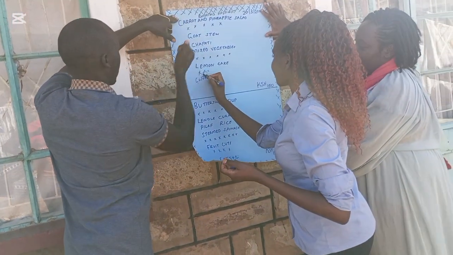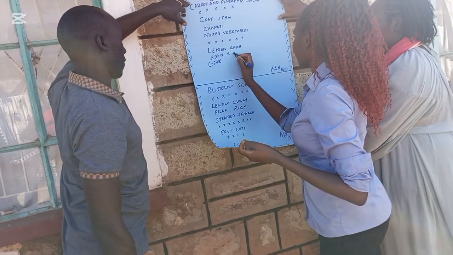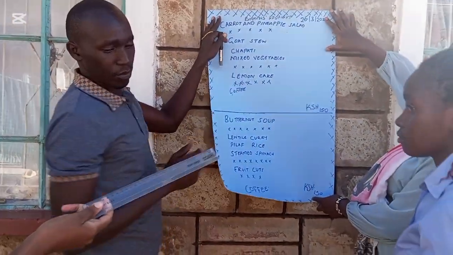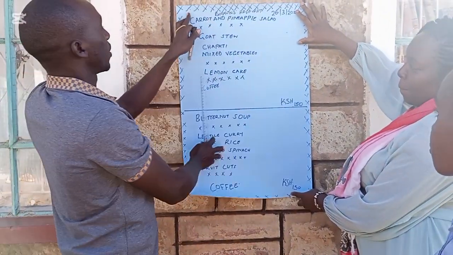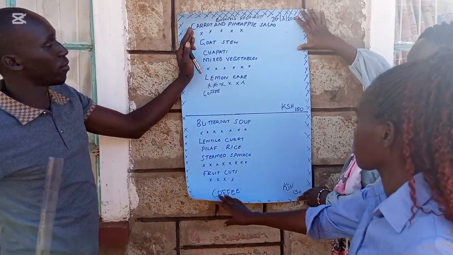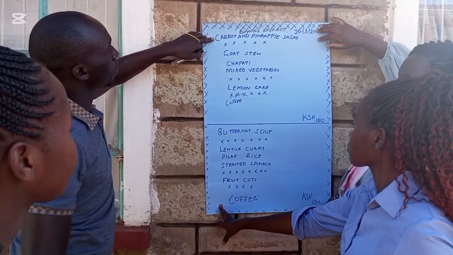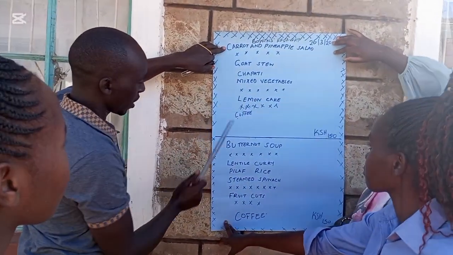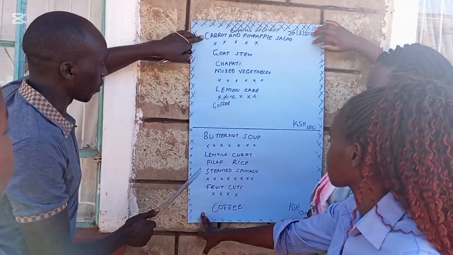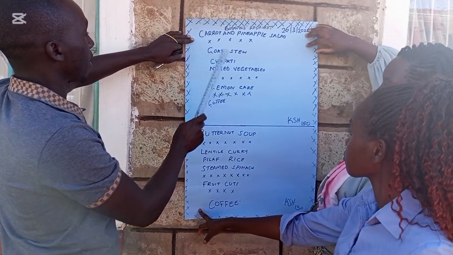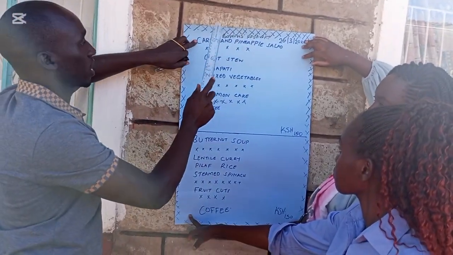When you are done, I'll request one of you to explain whatever you've done. Okay, here is the menu we have developed. We developed two menus as a group. We have the vegetarian and the one for protein eaters. Our first menu is for protein eaters.